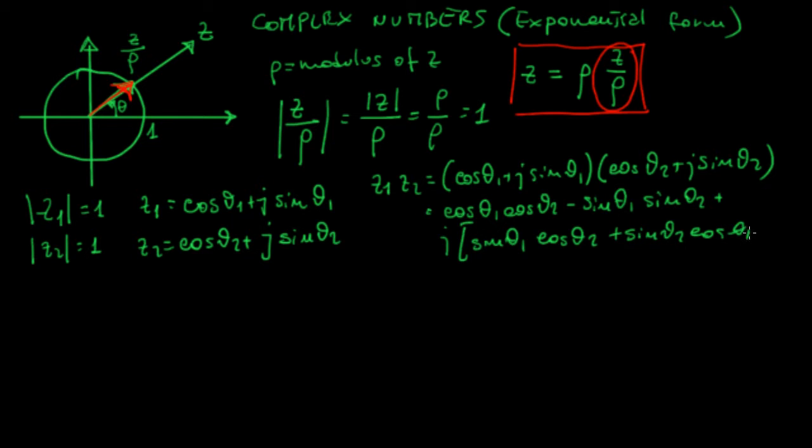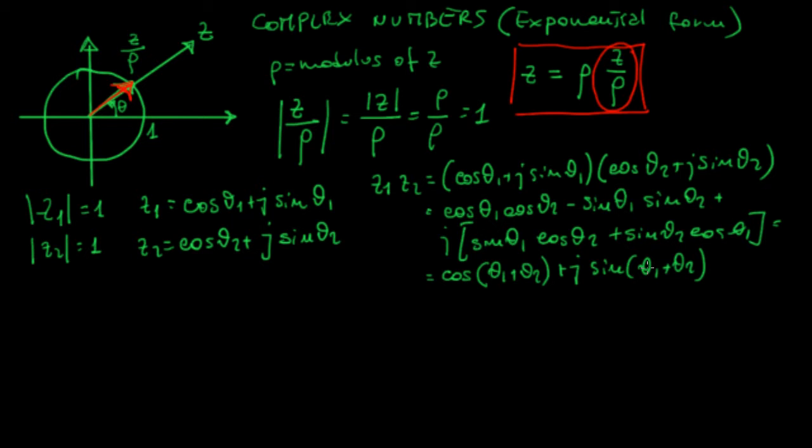Now, if we remember the rules for the sine and cosine of the sum of angles, we soon see that this is equal to the cosine of theta 1 plus theta 2 plus j times the sine of theta 1 plus theta 2.